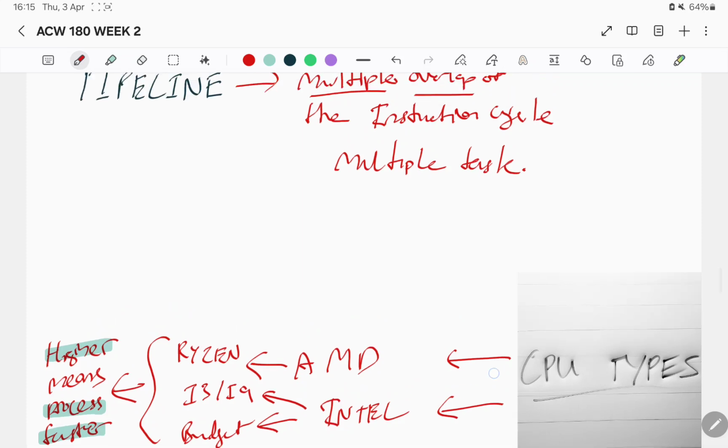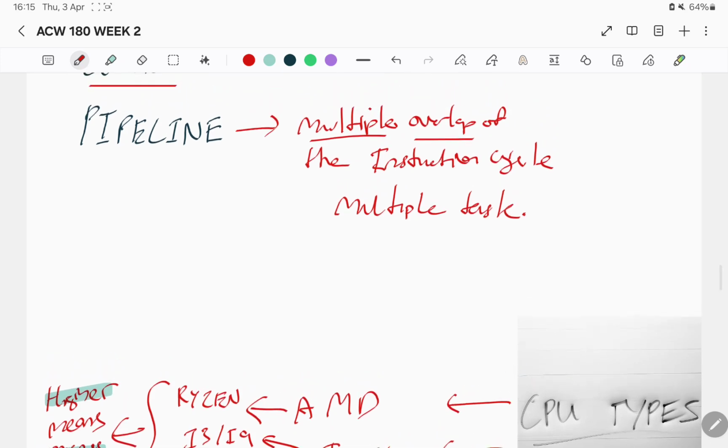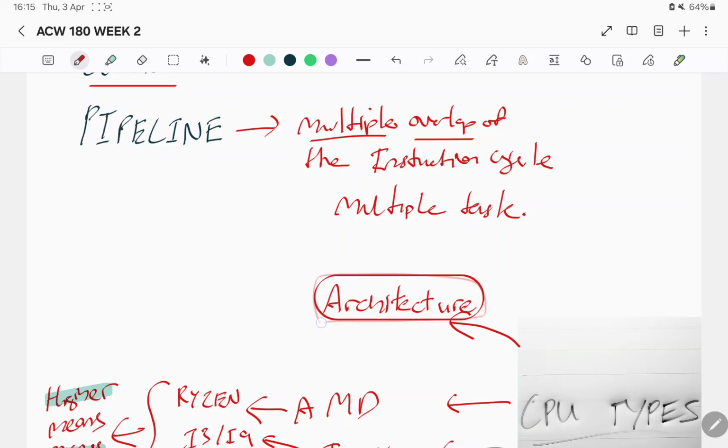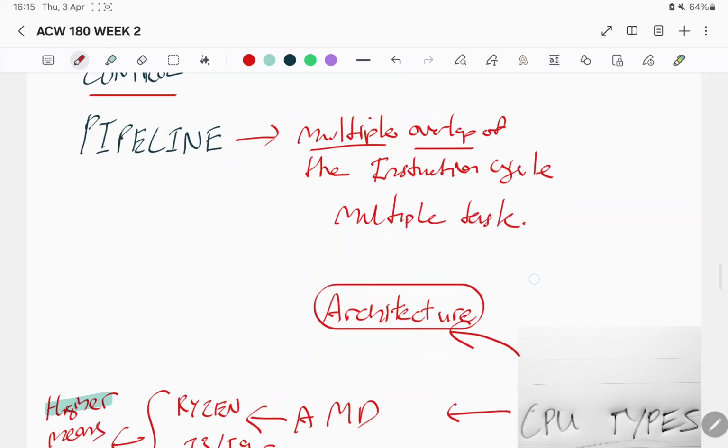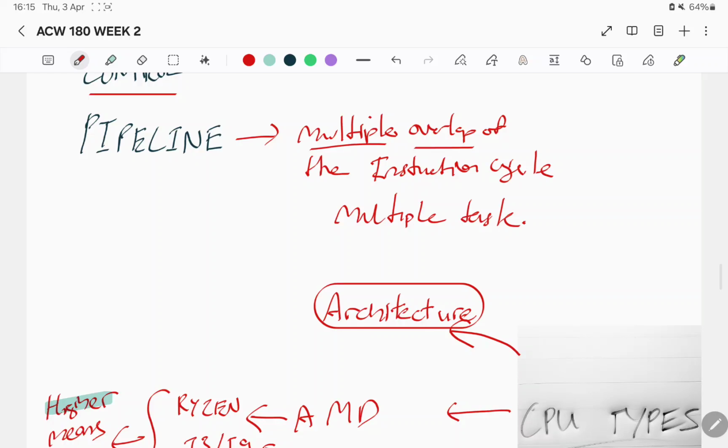And then I'd like to also point out to you the architecture. Remember we talked about the bit just now. Those days the computer started with 8-bit, then went to 16-bit.